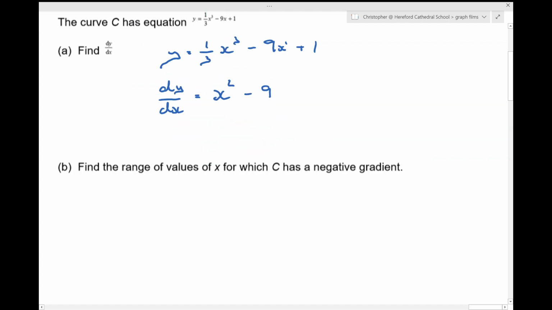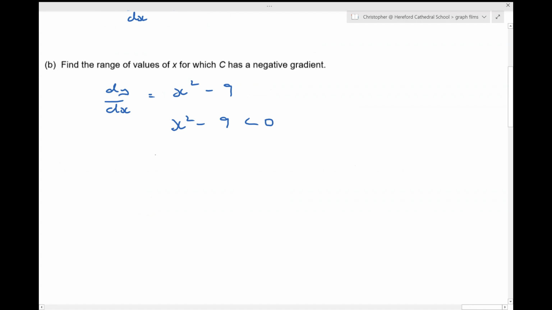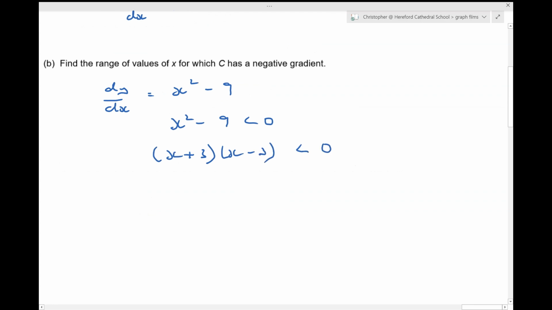Good. Find the range of values of x for which C has a negative gradient. Well, this is the gradient function. And so I simply need to find the range of values when that is negative. Okay, well, there are a few different ways you can do this, of course, but I hope you recognize that that is the difference of 2 squares. So we're solving this equation here.